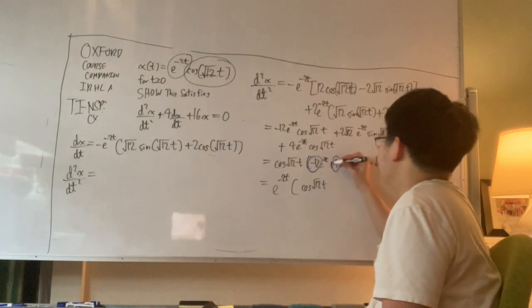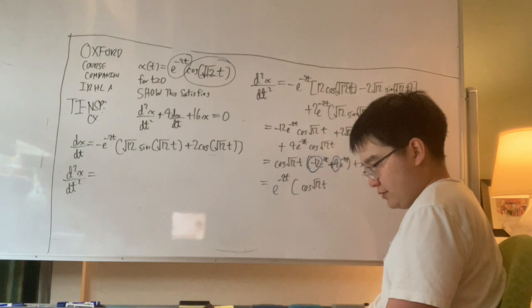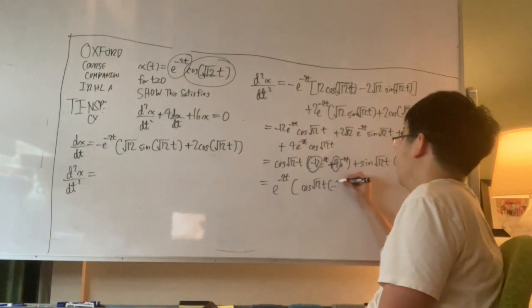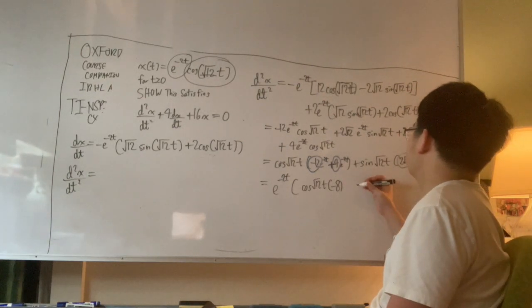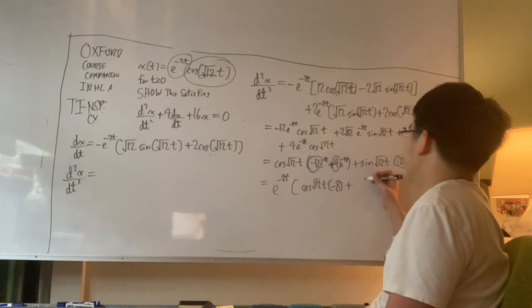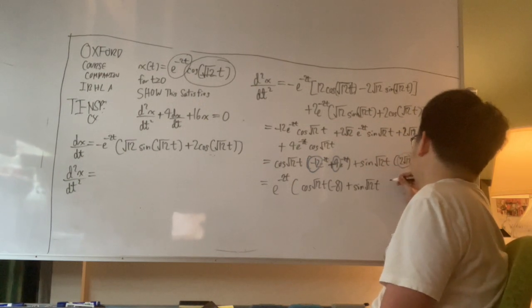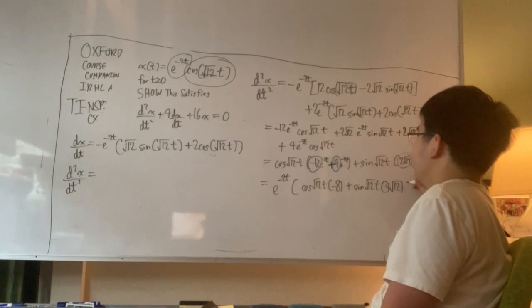Oh, I'm sorry, that's a plus 4, so that's a minus 8. Right? I should have a minus 8 for this. Minus 8, and plus sine of square root of 12t times 4 square root of 12.